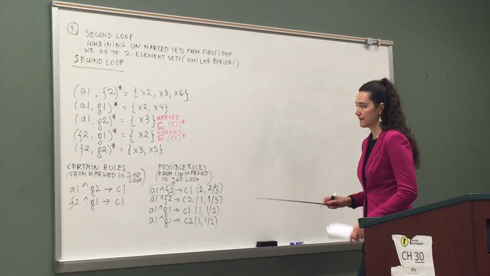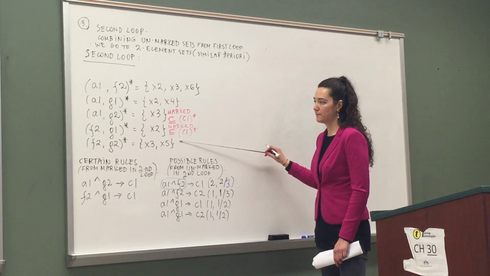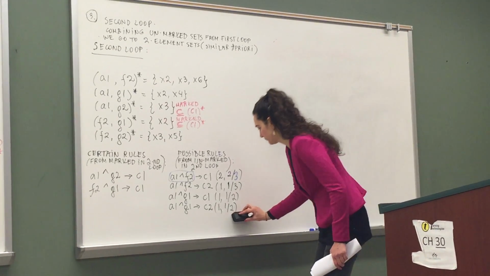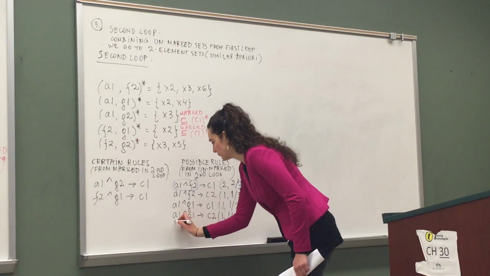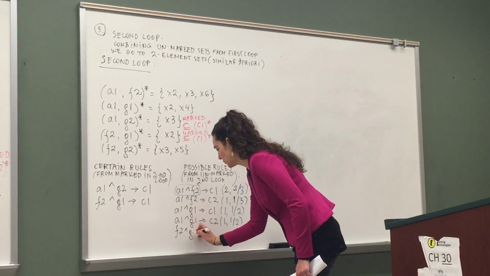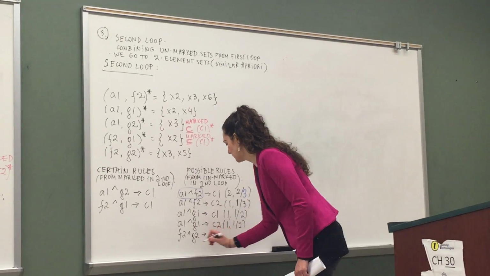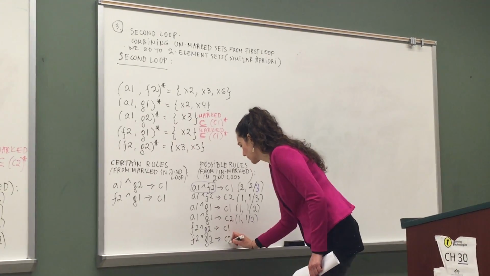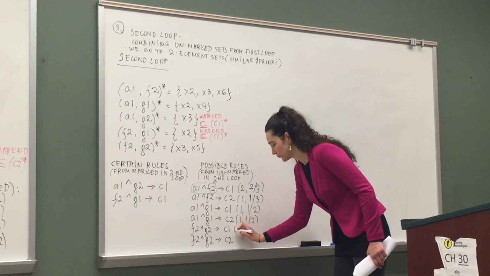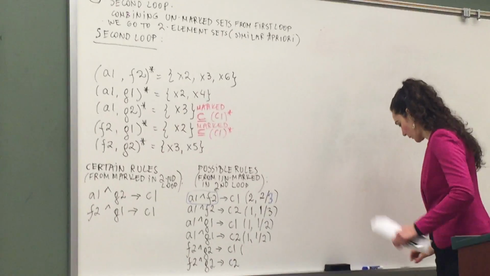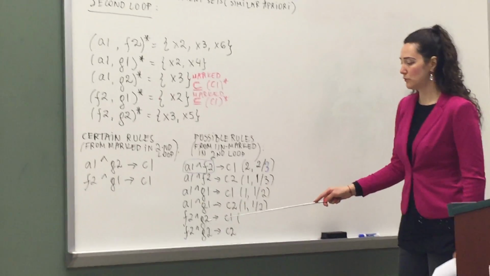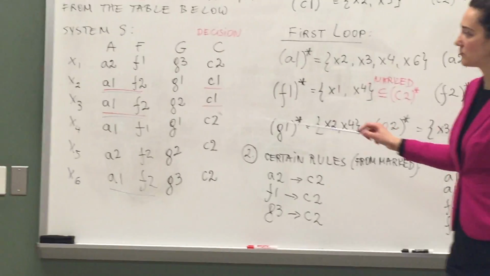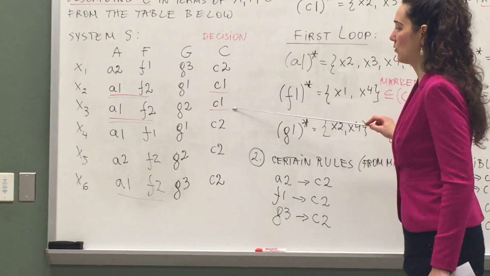And the last unmarked set is F2 and G2. So F2 and G2 implies either C1 or F2 and G2 implies C2. What is the support for F2, G2, C1? Only once.